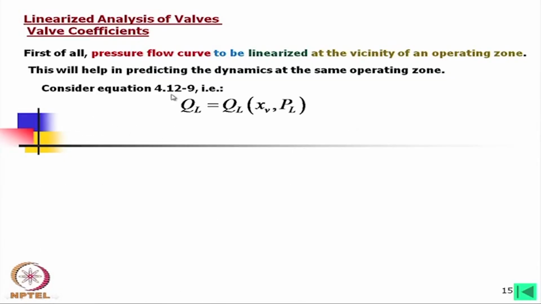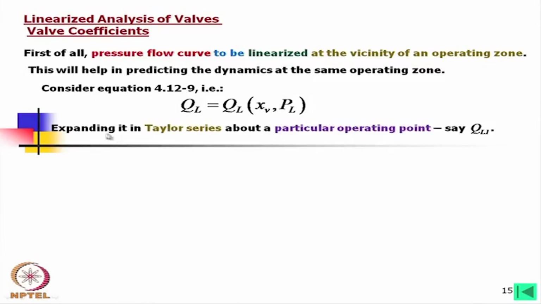Now, considering equation 4.12.9, as I told, this is the pressure flow equation, and we shall now expand it in Taylor series at an operating point where the initial desired flow is Q L 1.